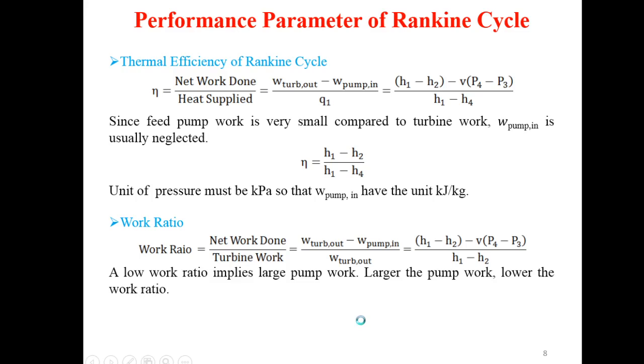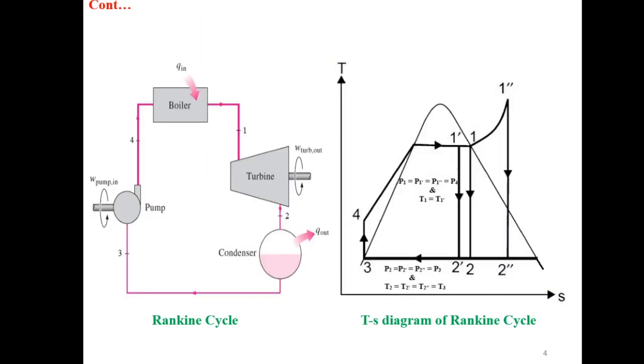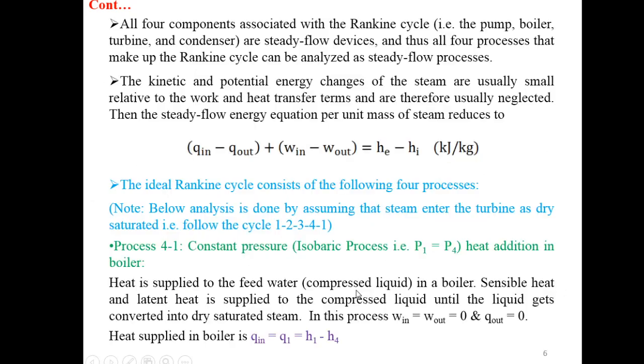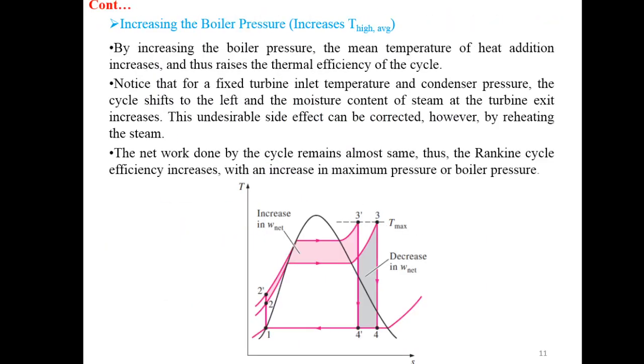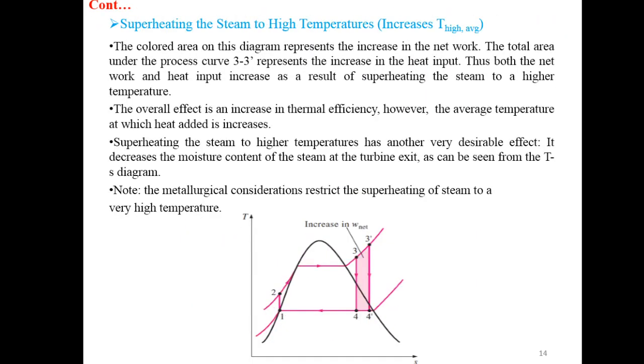Initially we have taken this one as the point 1, or we can say this point as the 3, but here we are taking this point as point 1. So don't worry about the point notation.